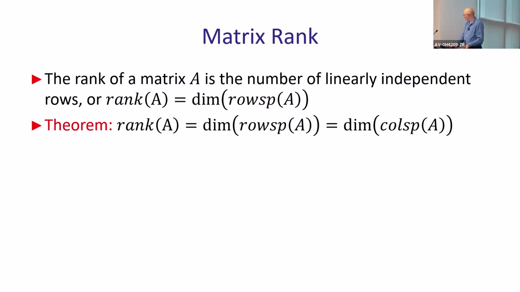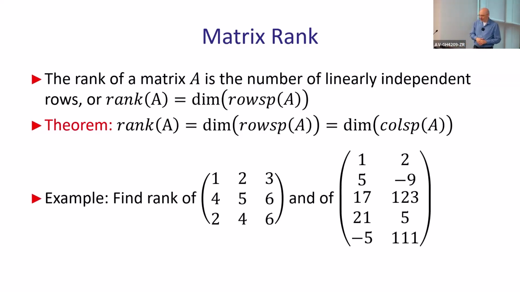So this is about matrix rank. Here is an example. For the first matrix, you can find the rank. What do you think is the rank of the first matrix? 3? It will be 3? The matrix is 3 by 2.